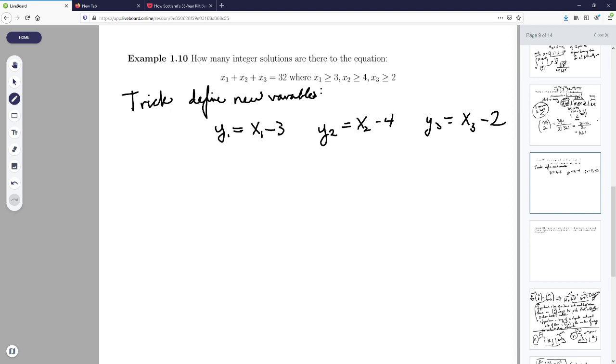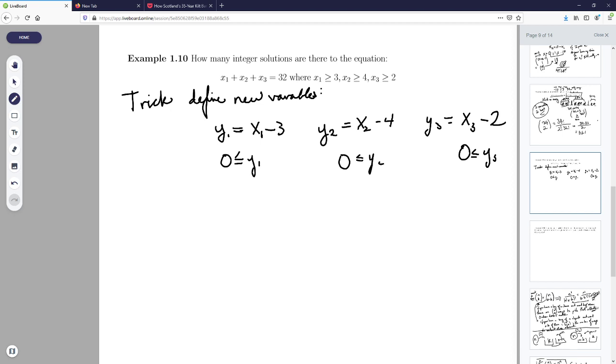So the thing that we realize about these variables is that now yi is bigger than or equal to 0, right? So now y1 is bigger than or equal to 0, y2 is bigger than or equal to 0, and y3 is bigger than or equal to 0. So this gets us most of the way.